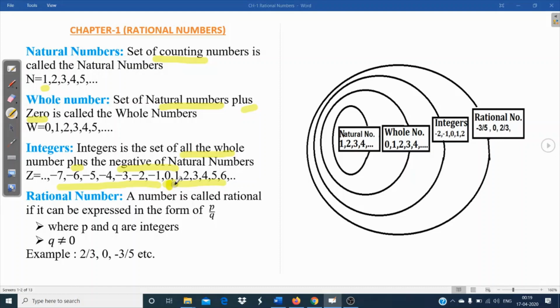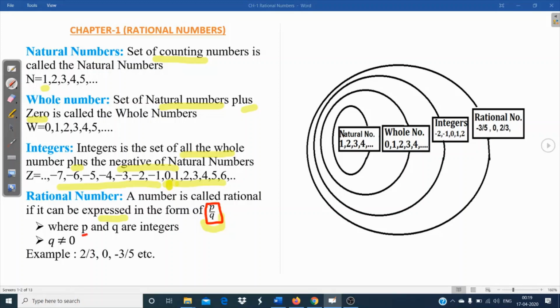Now our next topic is your rational numbers. This is the main thing that you have to study in this 8th class. So what are rational numbers? Rational numbers are the numbers which can be expressed in the form of p upon q. So a number, if it can be represented in the form of p upon q, has two conditions.